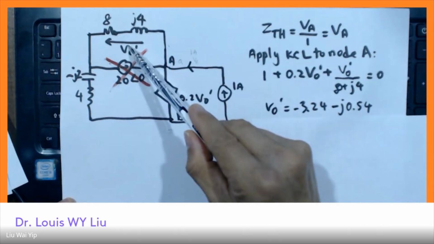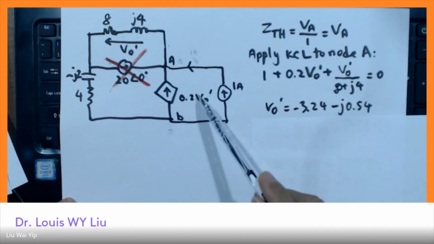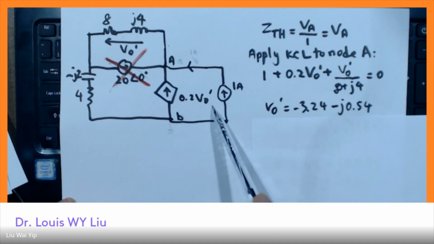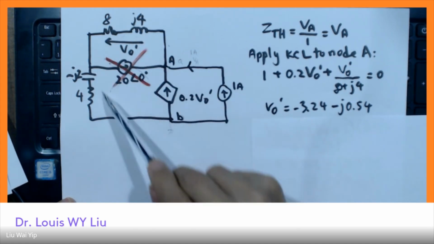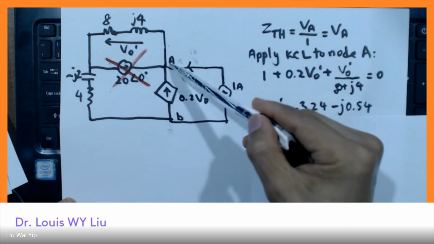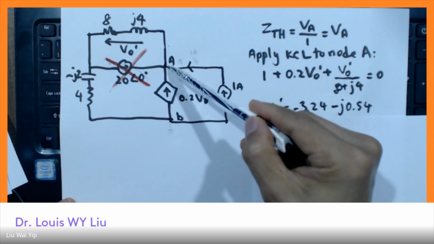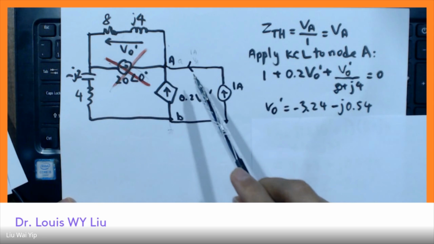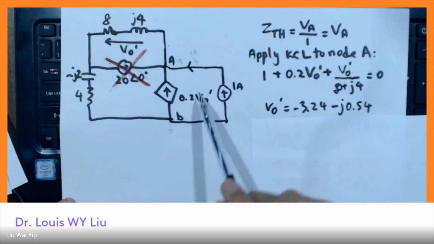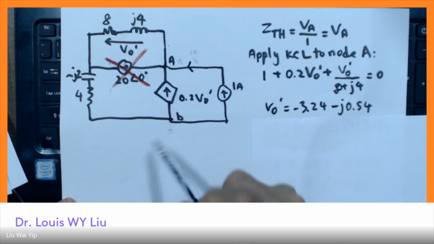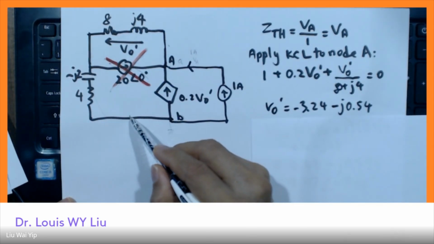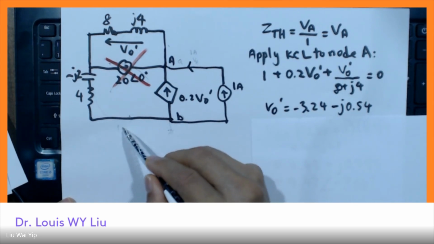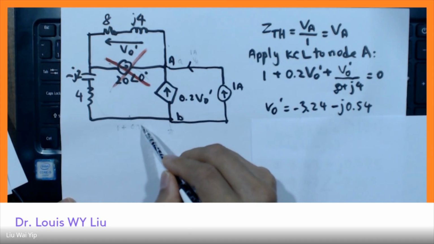Another way to find the current is to use this source. The combination of these two currents, 1 plus 0.2 V0, times all the impedance here, then you will get the voltage VA. So I'm going for the easiest way. Yeah, we find the total current here. The total current flowing through all these passive elements should be equal to 1 plus 0.2 V0 pound.